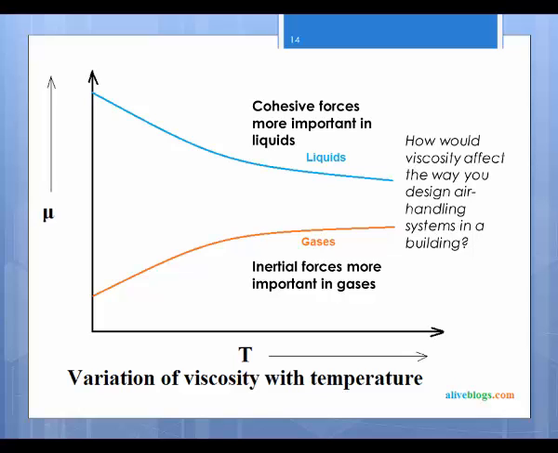And that's because there are these inertial forces, which is the molecules in the gas impacting each other and creating resistance to flow. So if you're increasing the temperature, you're moving those gas particles faster. And if they're moving faster, there are more collisions that are going to happen. So there are going to be more inertial forces of them bumping and slowing each other down.